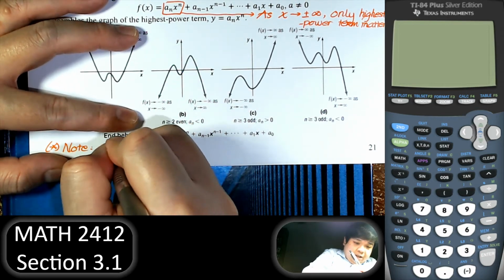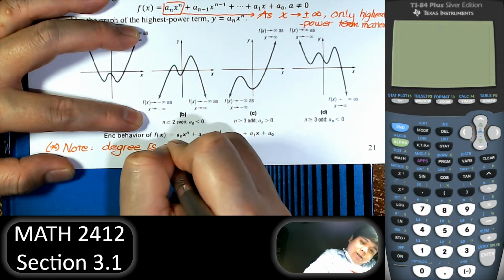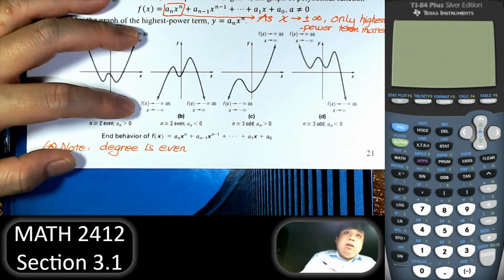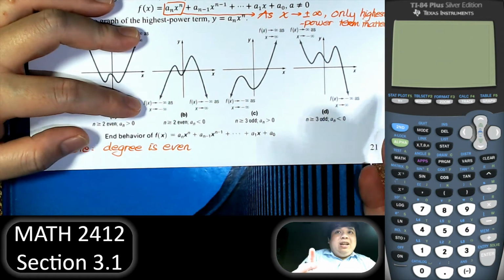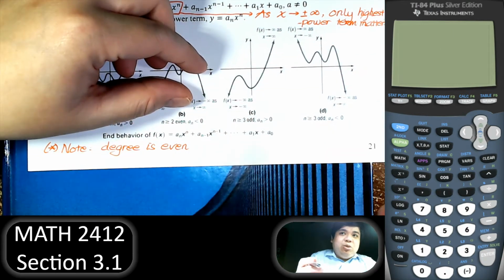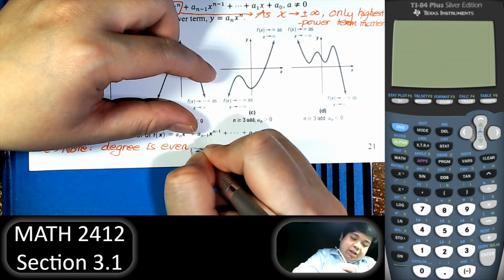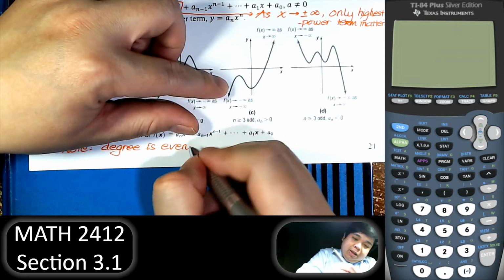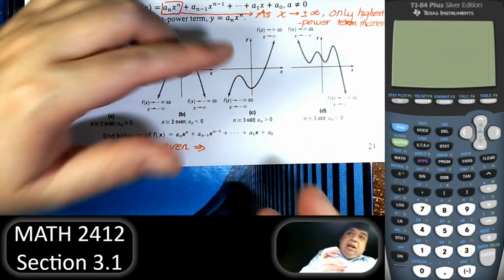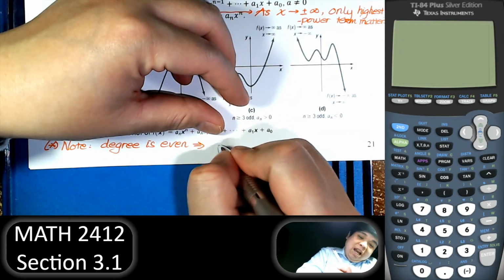If the degree is even, we have x to the n, which is even. When the degree is even, because it is symmetric about the y-axis, we have the same behavior on both ends.